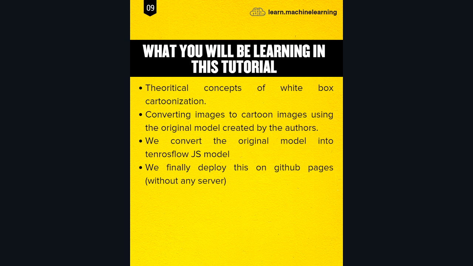Then we'll convert that original model into a TensorFlow JS model, because we need to deploy it on the web. Finally we'll deploy this on GitHub Pages, where we don't need any server, we'll just host it completely on GitHub, and you can directly interact with the model in the browser itself. Okay, then let's get started with the demo session.